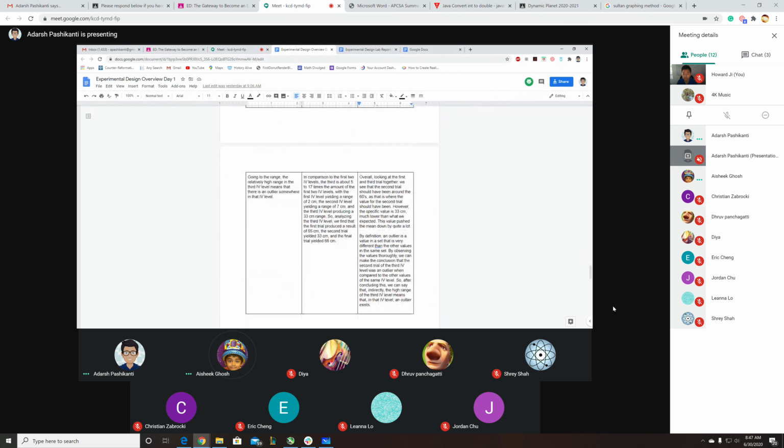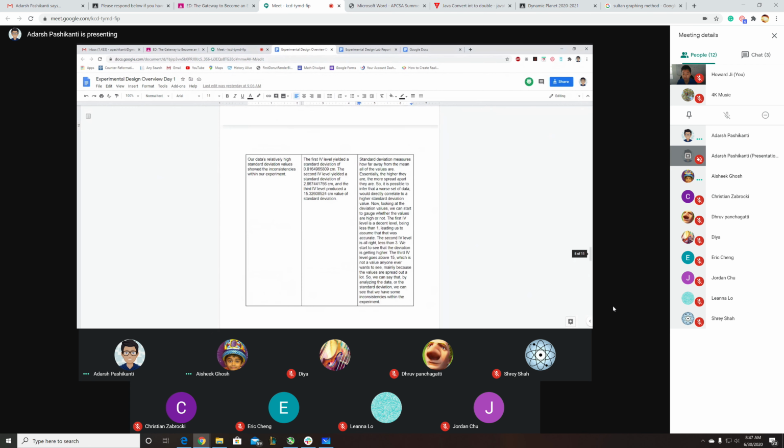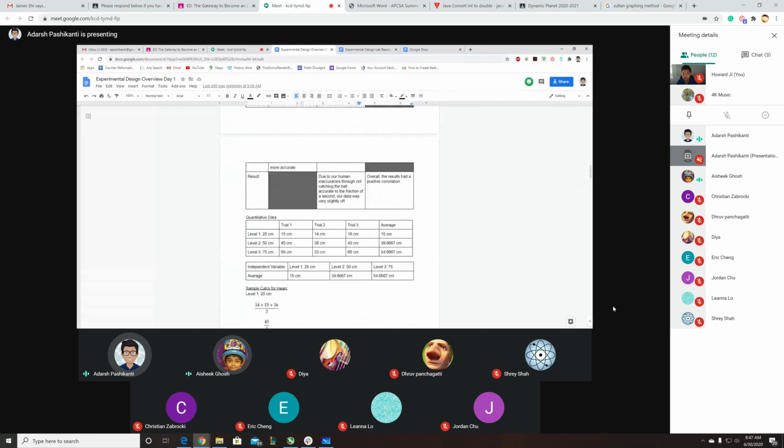Yeah, so the outliers. If you could go back to the data real quick. So the quantitative data. You see how in level 1 it's 15, 14 and 16, trials 1, 2 and 3, leading to an average of 15.